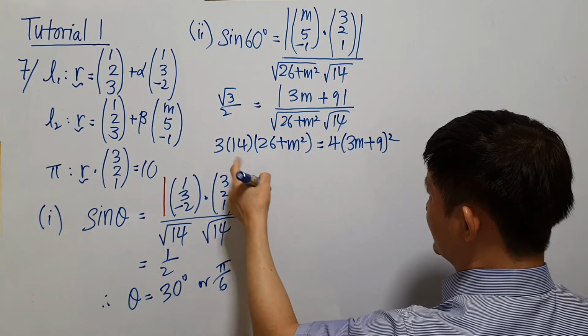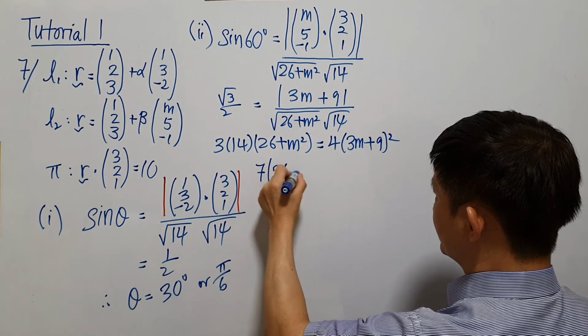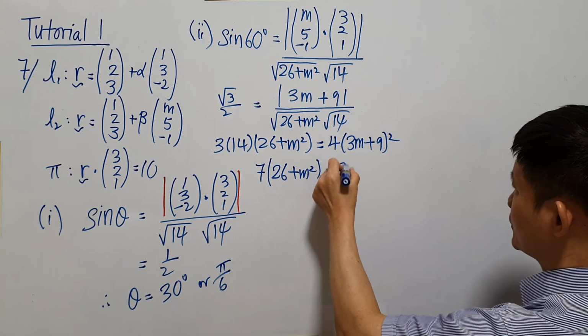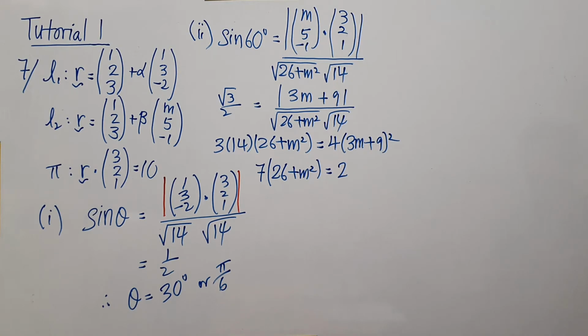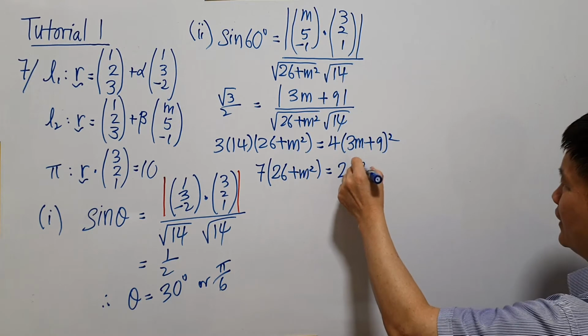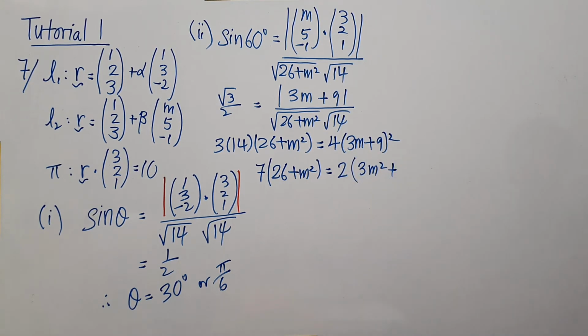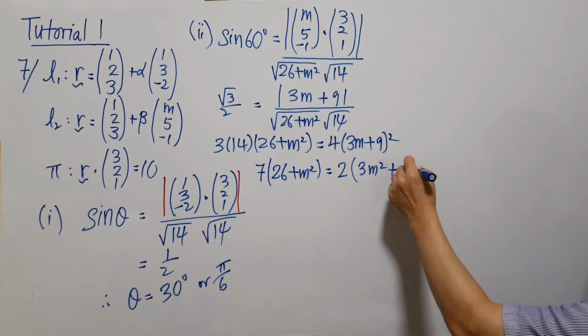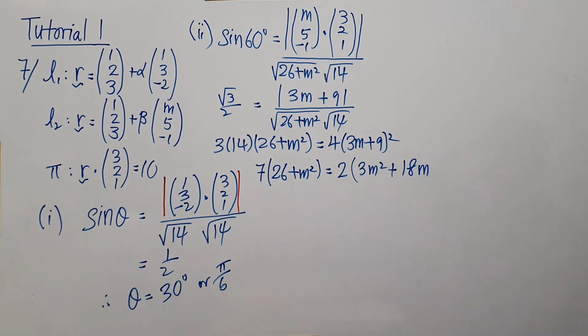When I divide by 6 on both sides, I get 7 times (26 plus m squared) on one side. On the other side, I expand this: 3m squared plus 18m plus 27. Just to be sure, I divide by 9m squared, 6 times 9 by 3, nice, 81. Then it should be correct.